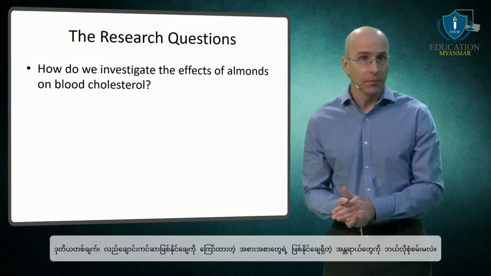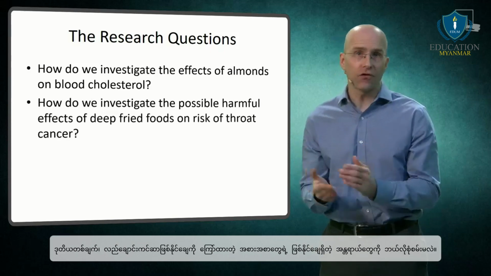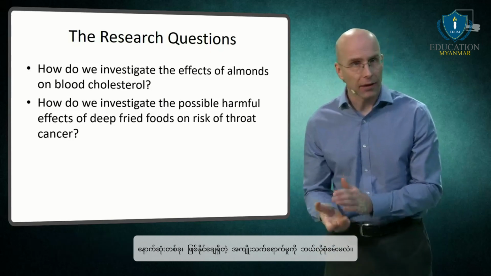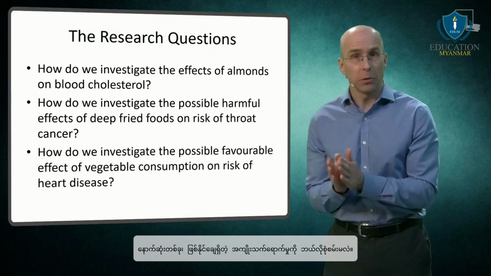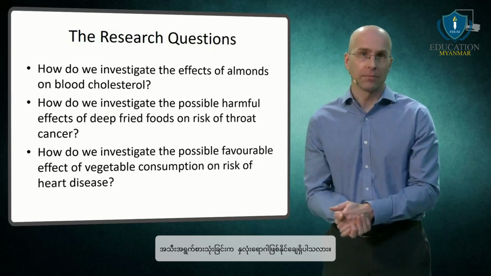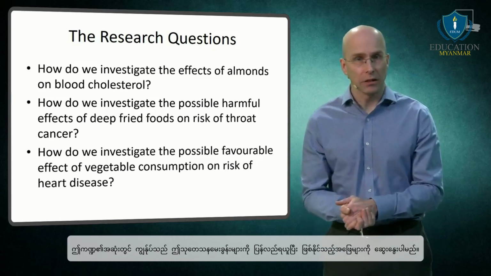Second one, how do we investigate the possible harmful effect of deep-fried foods on risk of throat cancer? And the last one, how do we investigate the possible favorable effect of vegetable consumption on risk of heart disease? Now, at the end of this section, I will get back to these research questions and discuss the possible answers.